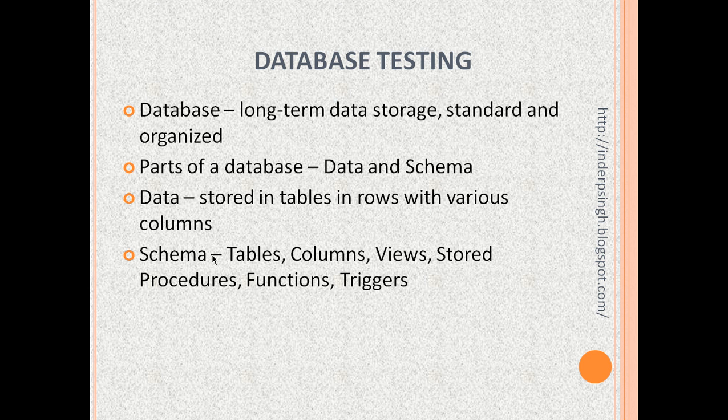There is another schema object, and that is the trigger. A trigger is a small program that automatically executes when you perform operations on a table. On a table, you can perform the insert operation, which means that you are going to insert one row, or you can perform the update operation, which means you can update all parts or any part of a particular row, or it can be a delete operation where you can delete a particular row.